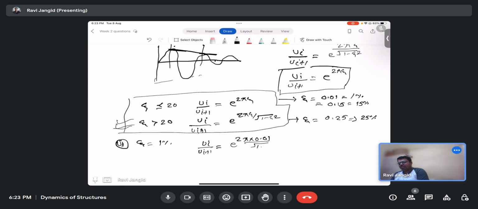The simplified one is an approximation, so you can use the full formula for all sizes of damping.